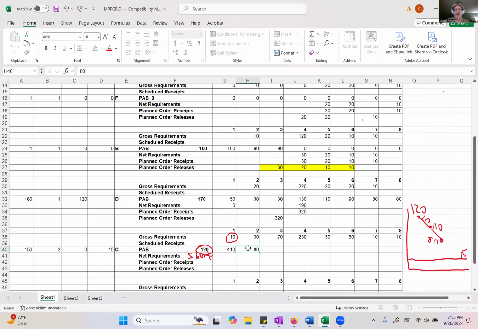So now it gets interesting. I've got 80 and I need 70. So again, two-part question. Number one, do I have enough for the customer? And your response will be yes. Okay. Am I above or below safety stock though?